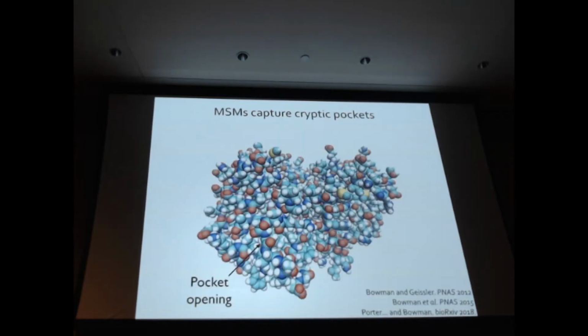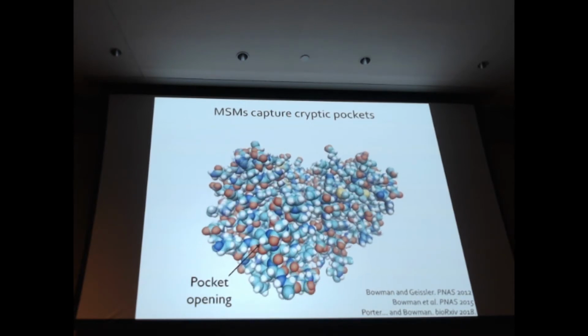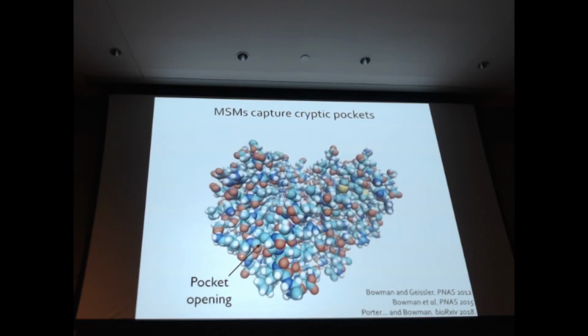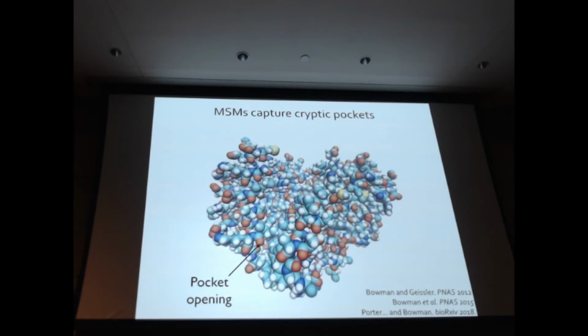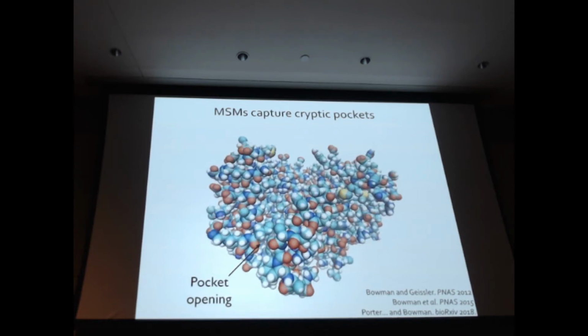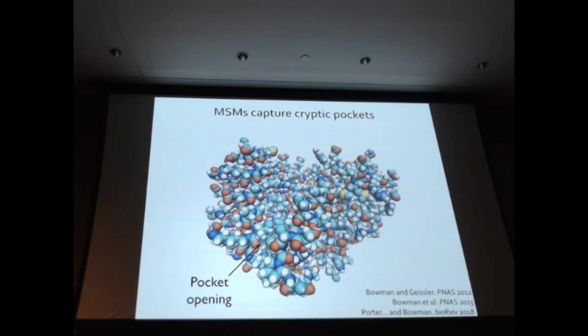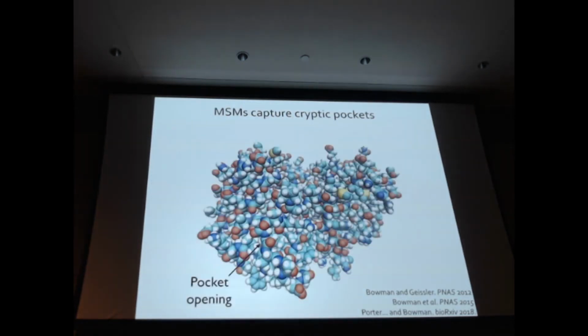Just to show an example, we've done a lot of work showing that with these sorts of things, we can watch beta-lactamase's spontaneous fluctuations and see things like the cooperative formation of this cryptic pocket, such that hypothetically we could have realized it was there and targeted it intentionally. And we can also start to experimentally test our predictions.